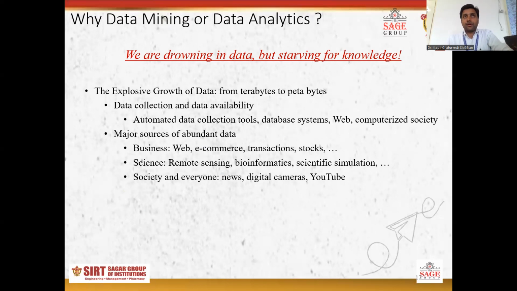So basically what I want to say here is that we are generating data in each and every second. Whenever we use a cell phone, or even when we are not using it, we continuously generate data. When we move from one place to another with the cell phone in our pocket, we are generating data continuously, and Google tracks where you are going.